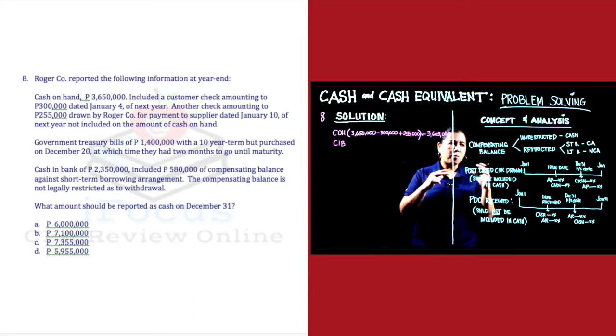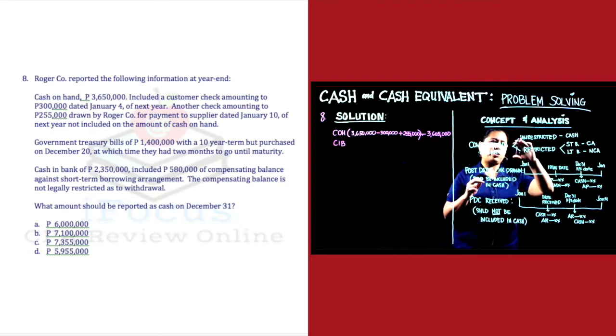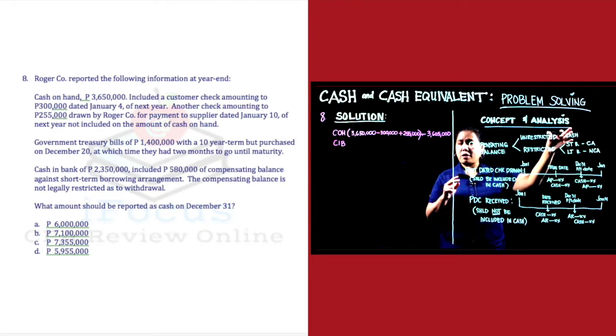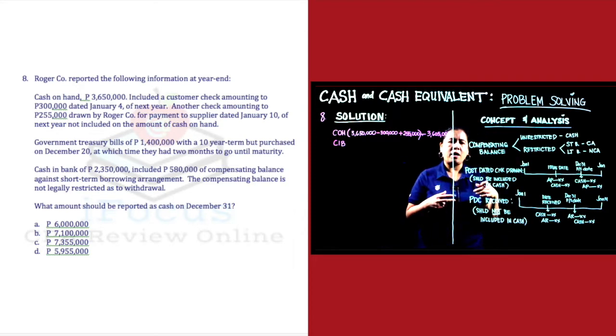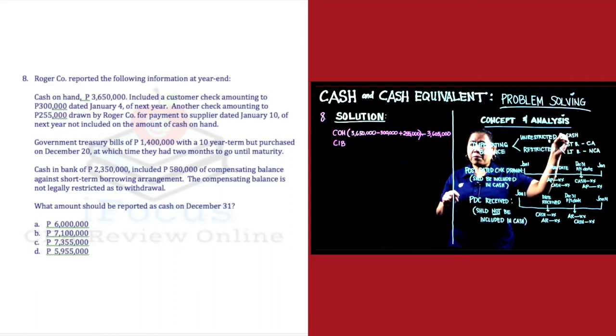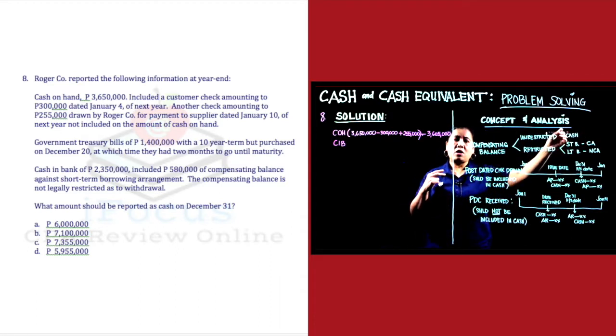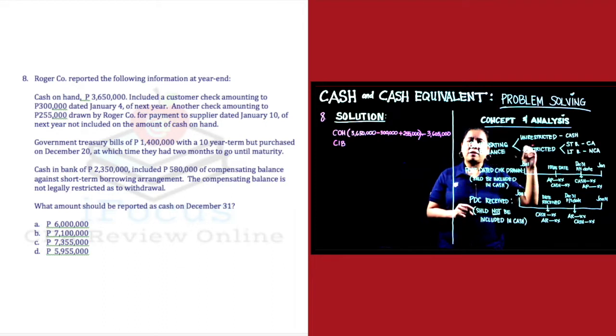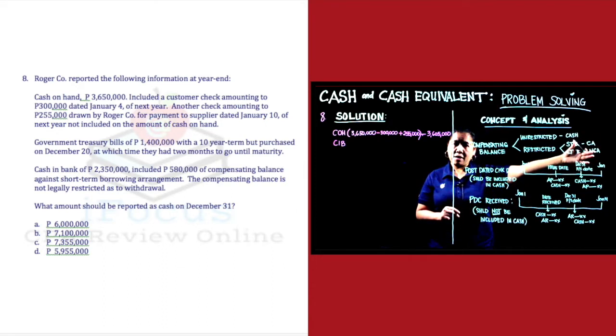So, ang compensating balance, kapag unrestricted siya, kasama siya sa cash. Alright? Kapag restricted naman siya, and this compensating balance arises from the short-term borrowing, ika-classify natin yan as a current asset. Kapag it arises from the long-term borrowing, then we classify that as non-current assets.